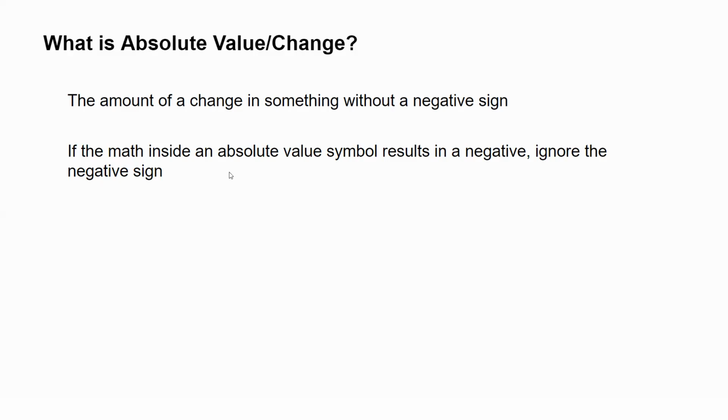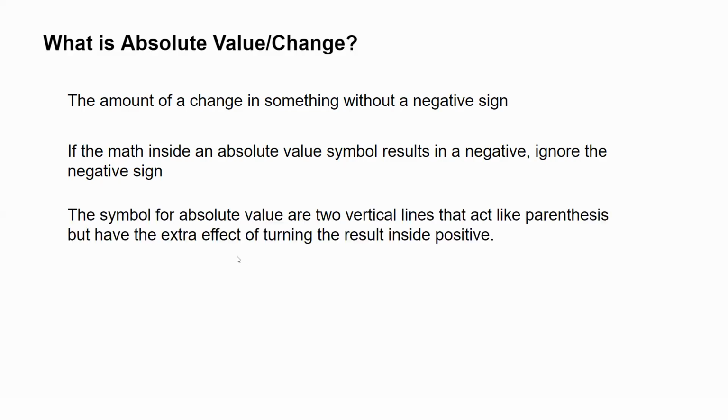So there are absolute value symbols that we will review in a moment. If the result of what's in the absolute value symbols results in a negative, we're just going to ignore that negative sign and treat it as positive. The symbol for absolute value is two vertical lines.